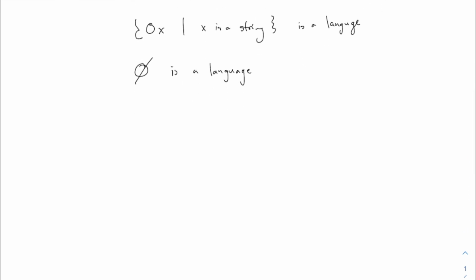What's the biggest possible language that there is? Well, a language is a set of strings. So the biggest one you could take would be this set, which contains every string. That is similarly kind of useless because a language in which every string is a legal word is not a very interesting language. Ordinary languages are not like that. Not everything is a real word. If everything was a real word, you wouldn't really be able to communicate very well.